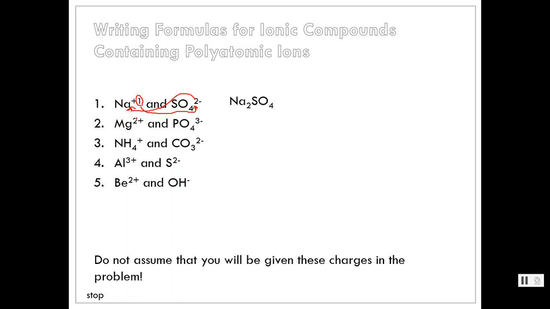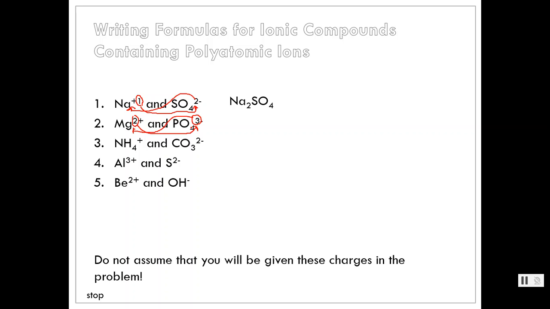Number 2, we've got magnesium, which is a +2 charge, and phosphate, the polyatomic phosphate, which has a -3 charge. Doing our crisscross again, the charge on one becomes the subscript on the other, and vice versa. So I'm going to have 3 magnesiums and 2 phosphates. Now when I write that, particularly for the phosphate, I need to make sure that I'm clearly showing that there are 2 phosphates.